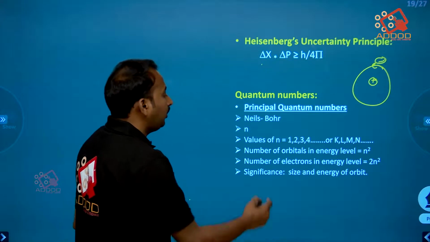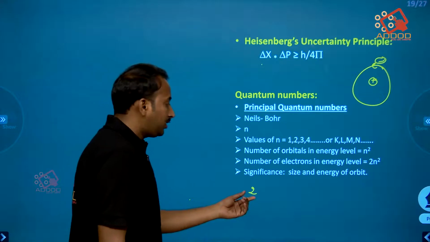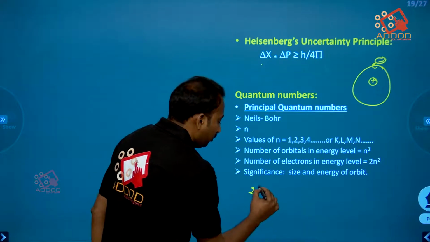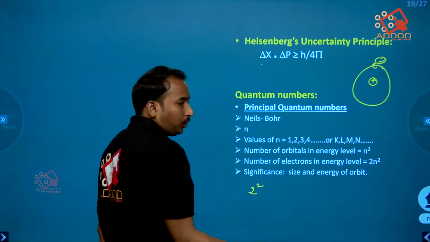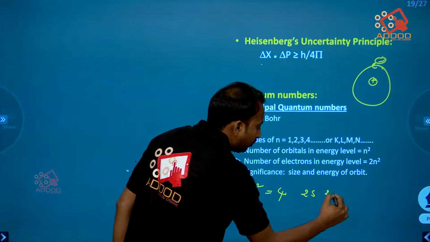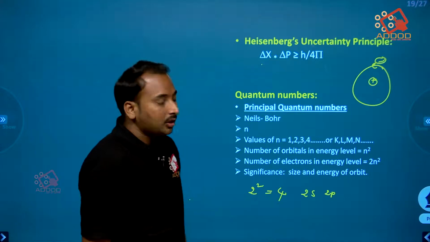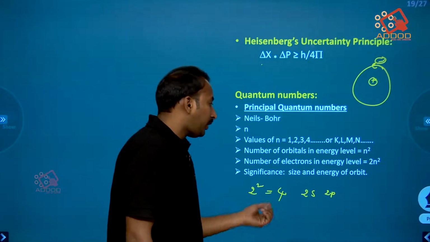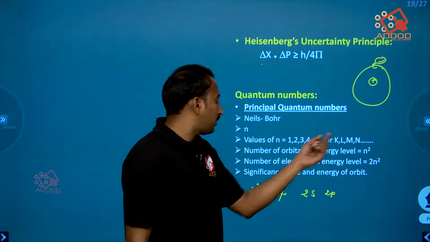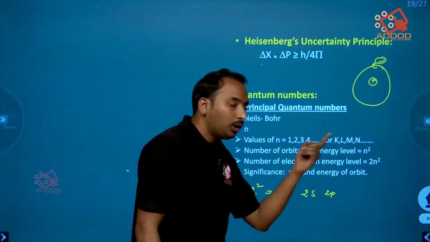We can calculate, for example, the second energy level. How many orbitals are in the second energy level? Where n is equal to 2, it is 4: 2s and 2p. So we can calculate any energy level. The number of orbitals in the energy level is equal to n square, and the number of electrons in the energy level is equal to 2n square.